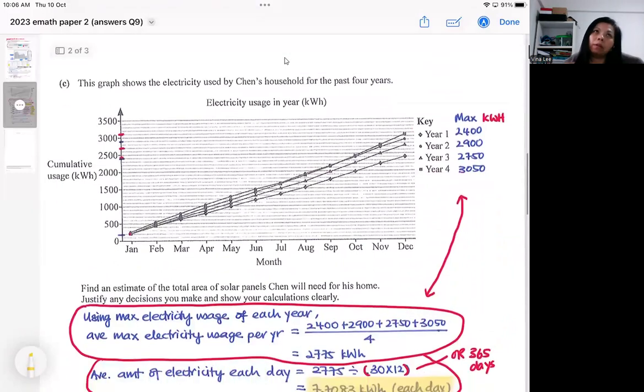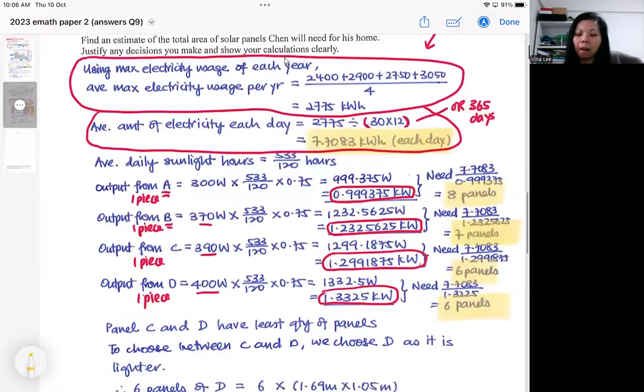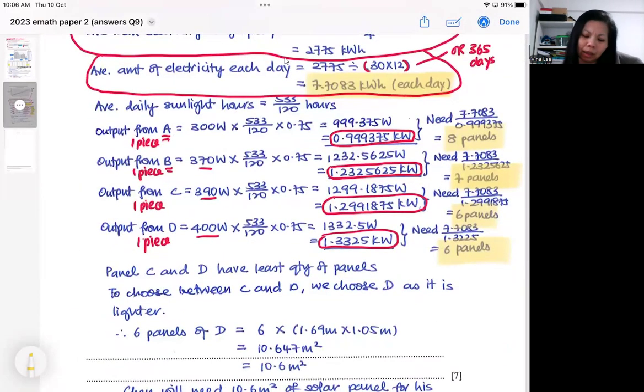Maybe you are thinking you will want the heavier one or something, so you can justify it. But logically speaking, in real life, we want the lighter one so that it's easier to install. Usually people put it on the roof. So you do not want heavy stuff on the roof, as light as possible.